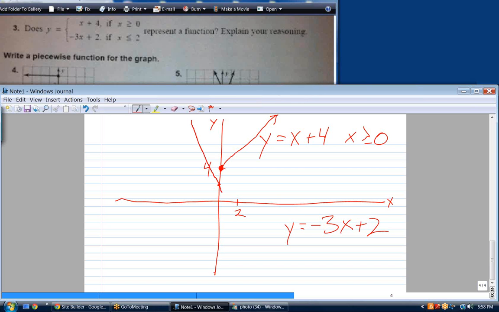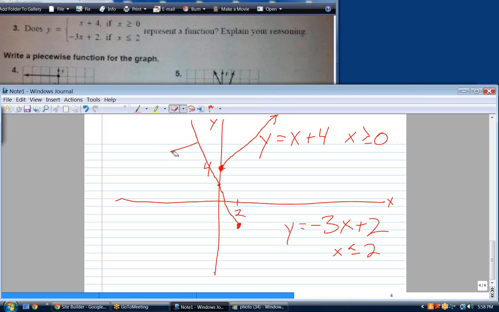So it's got to go through there, and I'm going to take it all the way to there with a closed dot, because my restriction on this is whenever x is less than or equal to 2, I'm going to use this line with the negative slope. So there's our resultant graph.